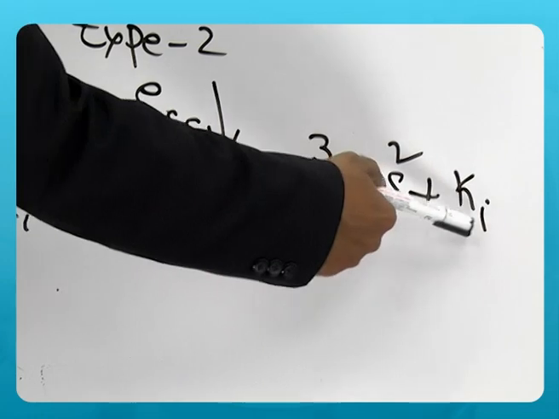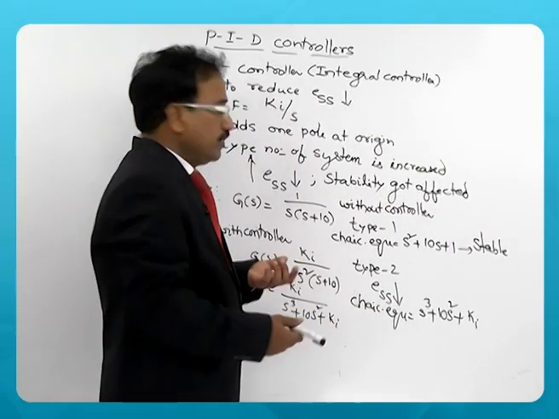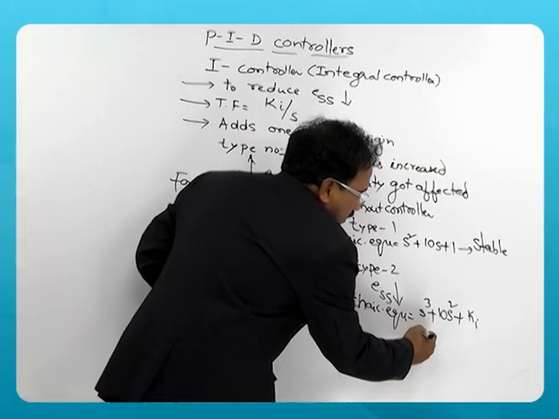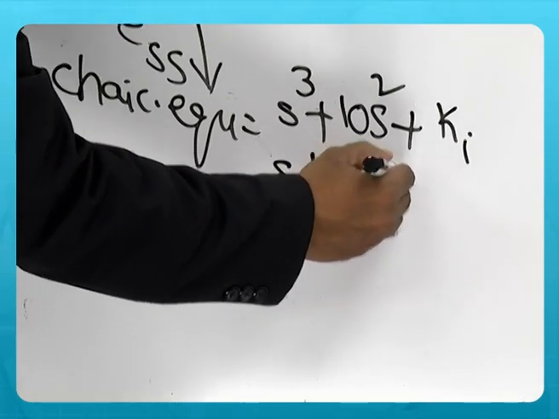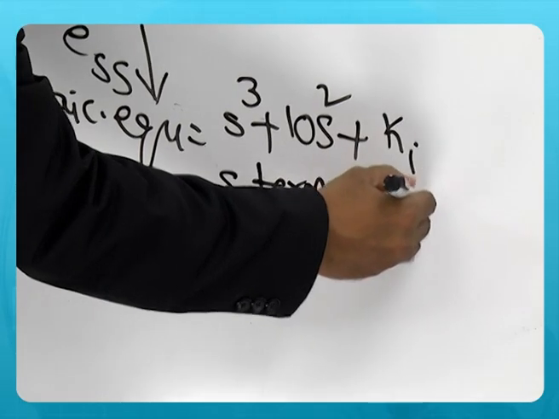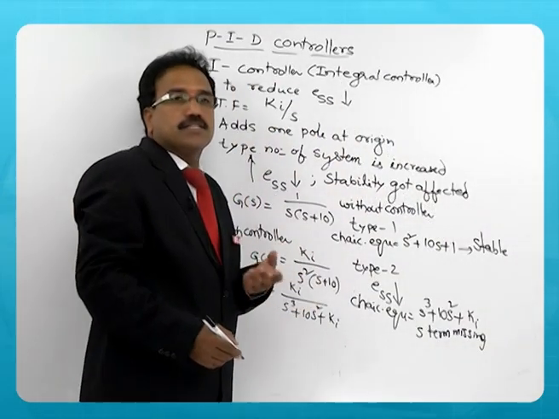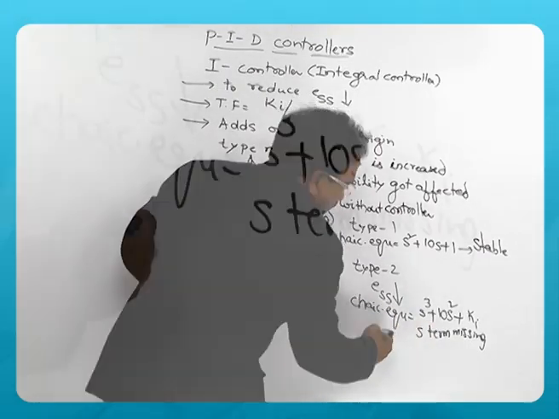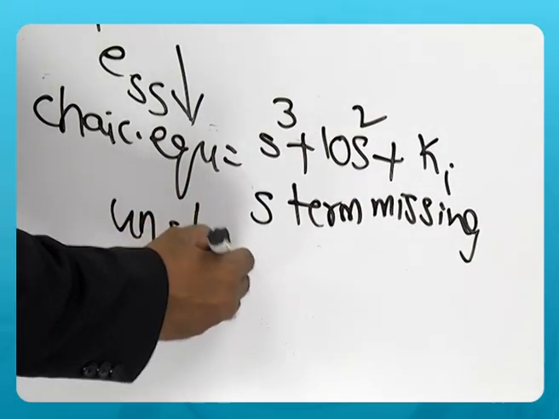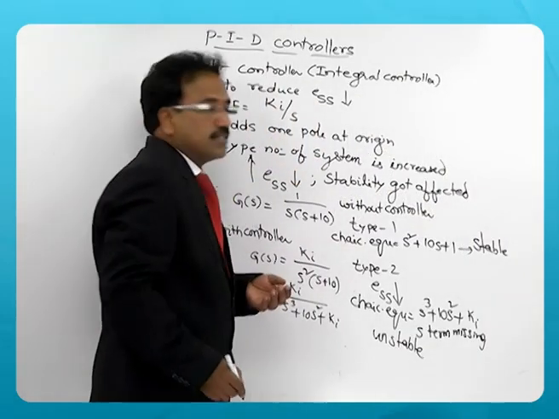Directly you have Ki, s power 0. So the s term is missing. So we can say that the system is unstable, because there is one term missing in the characteristic equation.